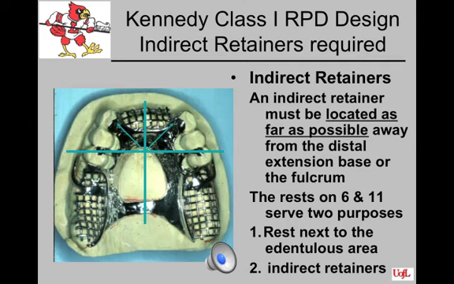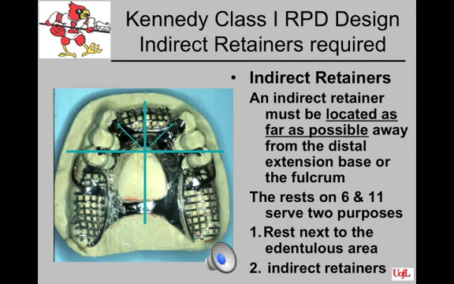but which we don't. So if you look at those other 2 little arrows, those are vectors going out, splitting that space, and it would call for indirect retainers on number 6 and number 11 as far as our canines. So those act as indirect retainers.